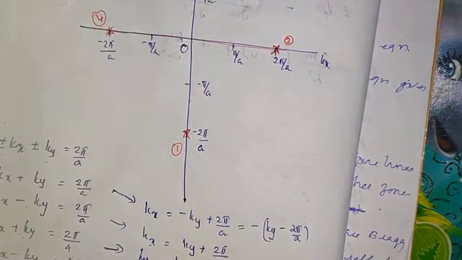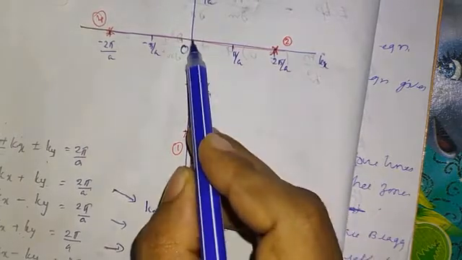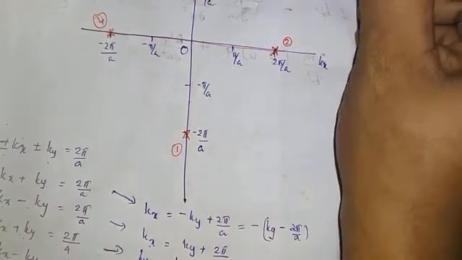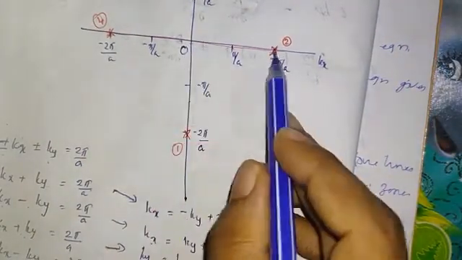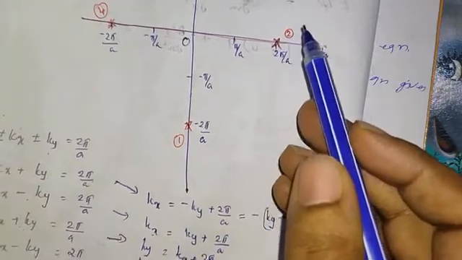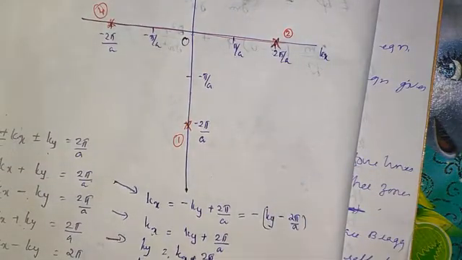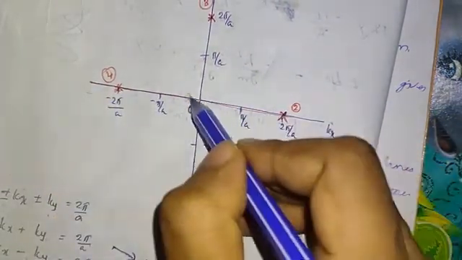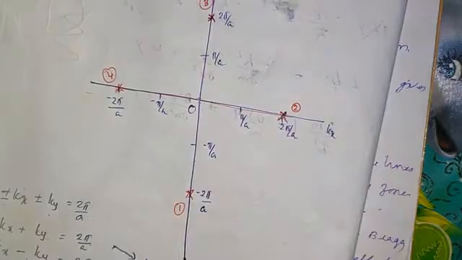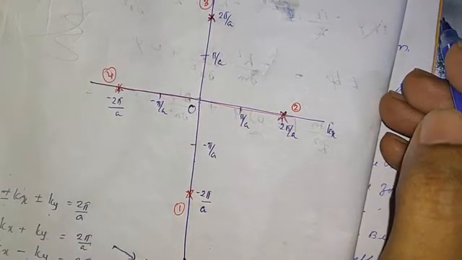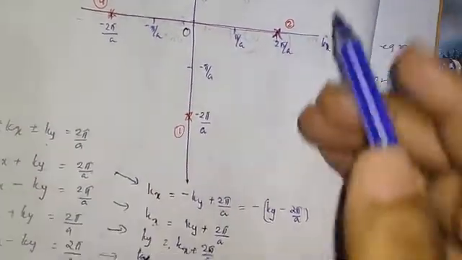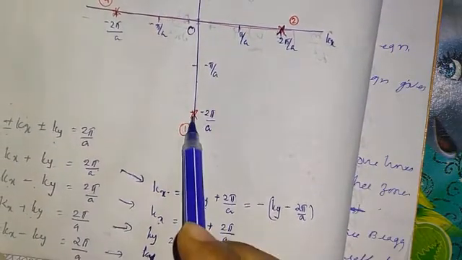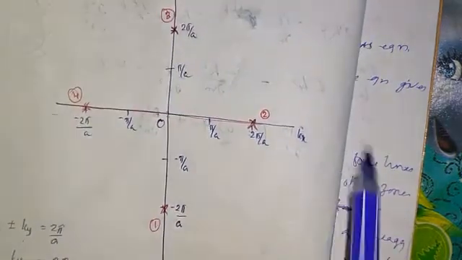Okay, ky plus 2 pi by a means this point. Similarly, the third equation, kx plus 2 pi by a means kx is this line, plus 2 pi by a means this point. Similarly minus ky plus 2 pi by a, and the first and fourth equations can be represented by this point and this point.